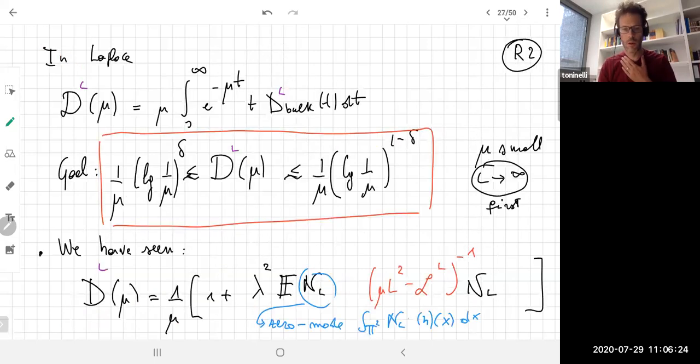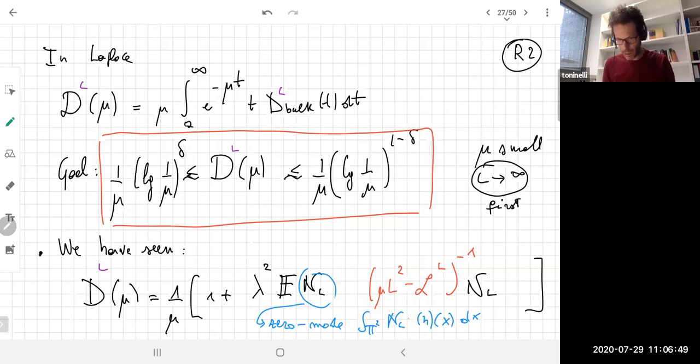So we take first the Laplace transform of this quantity, where, purely for notational convenience, I multiply by mu this integral, which is not the standard notation, but it's somehow more convenient. And then we take the Laplace transform of t times the bulk diffusion coefficient. All right.